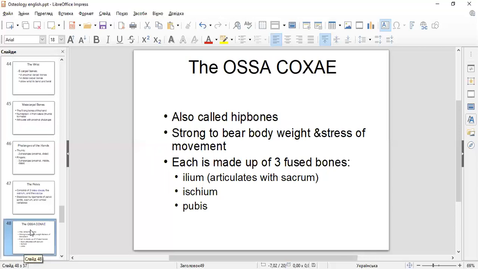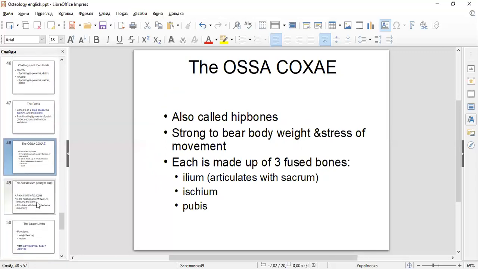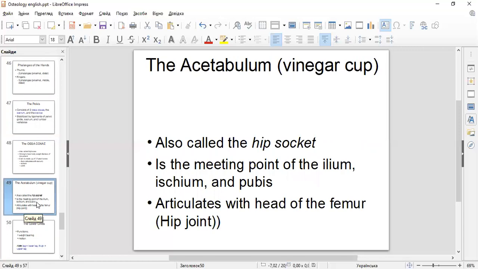Each is made up of three fused bones: ilium, articulates with sacrum, ischium, and pubis. The acetabulum, also called the hip socket, is the meeting point of the ilium, ischium, and pubis, articulates with the head of the femur, and forms the hip joint.